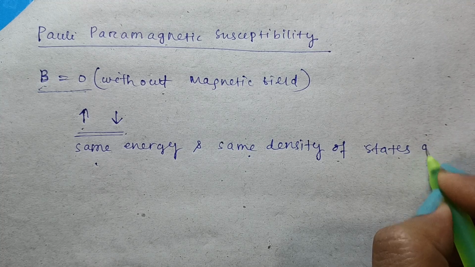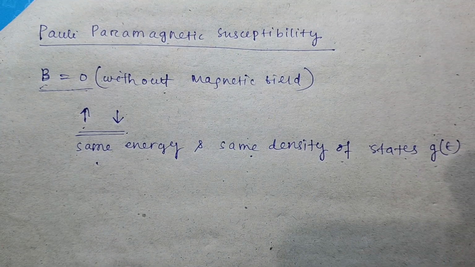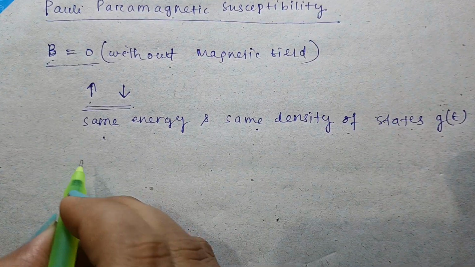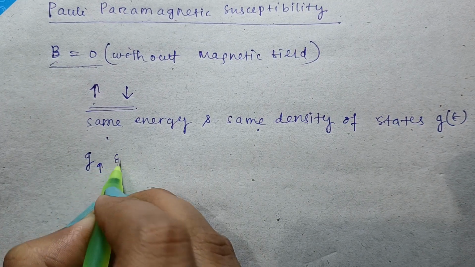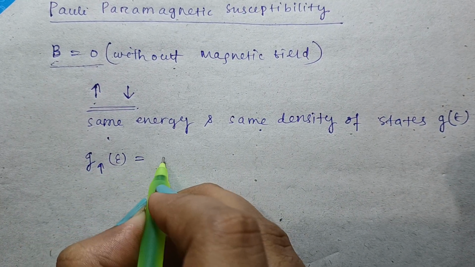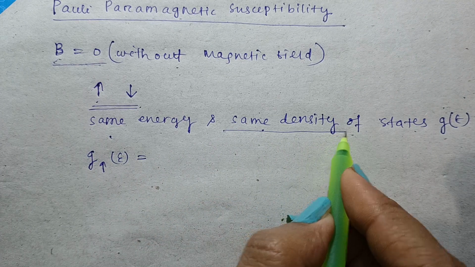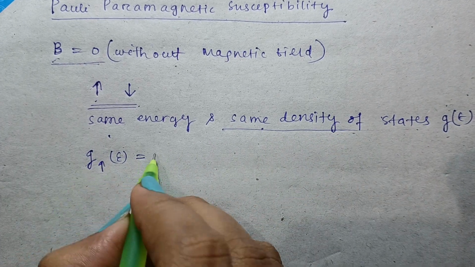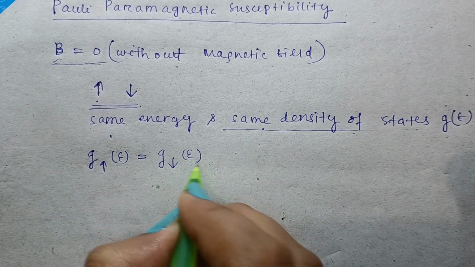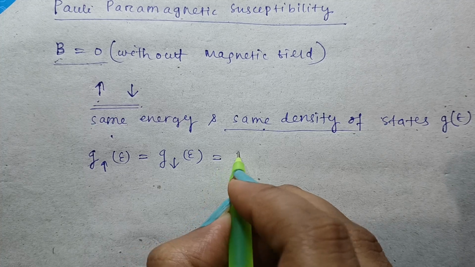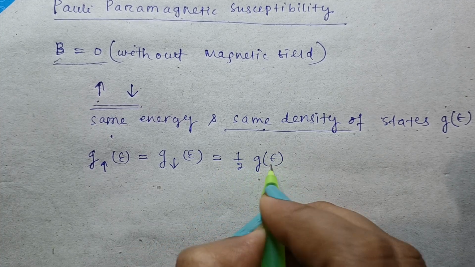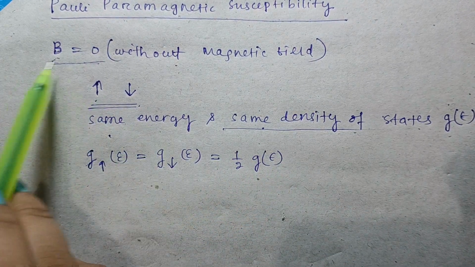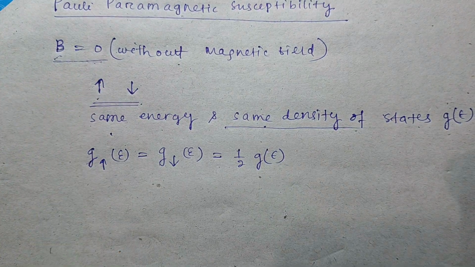That is denoted by Ge. So for up spin and down spin, the density of states G up and G down is equal to half Ge. This is the case when we are not applying the magnetic field.